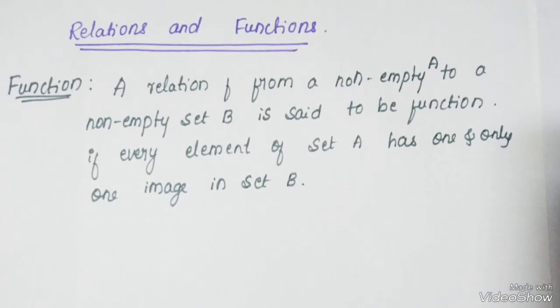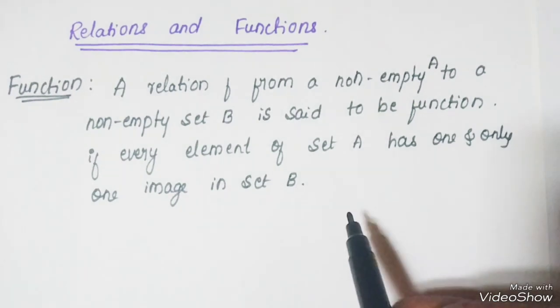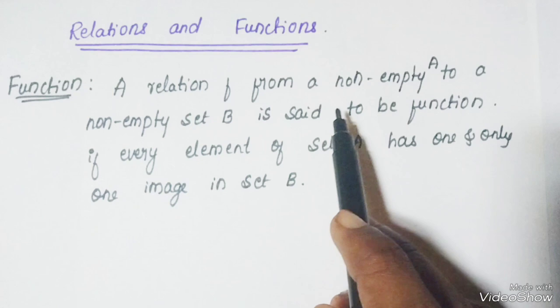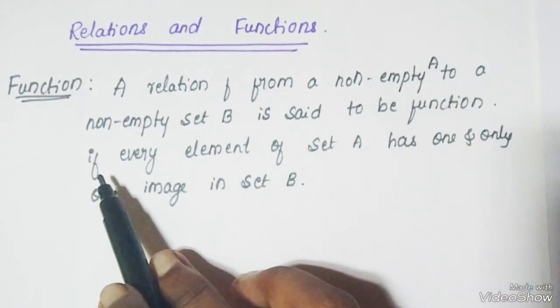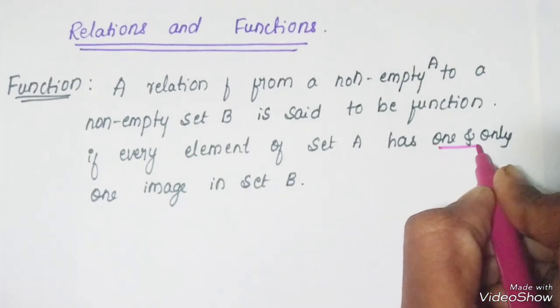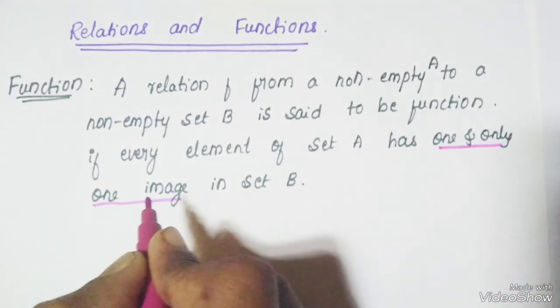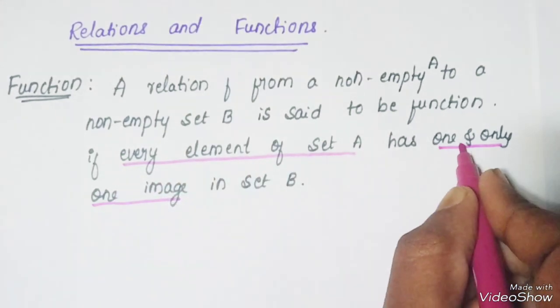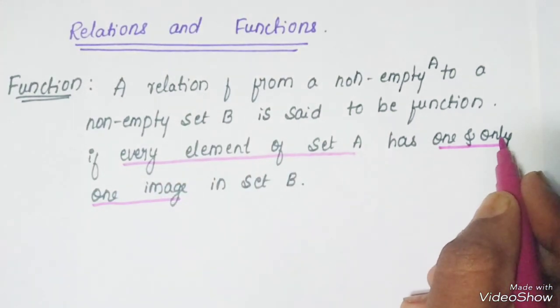The definition is, a relation f from a non-empty set A to a non-empty set B is said to be a function if every element of set A has one and only one image in B. That is the main thing: every element of set A has one and only one image in set B.